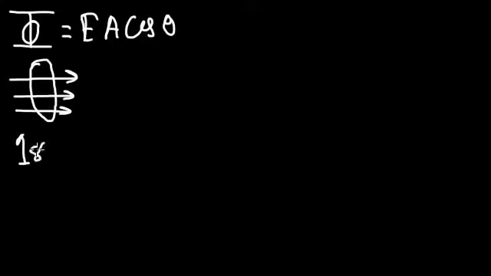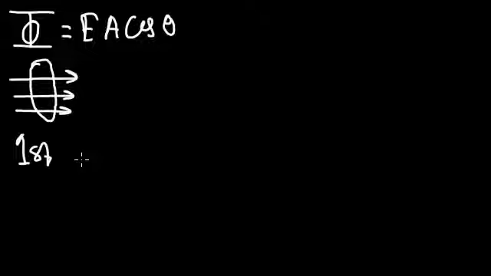0. Excellent. The standard formula to find the magnitude of electric flux is equal to the product of the electric field, the area of the surface in contact, multiplied by the cosine of angle theta, where theta is the angle between the normal line to the surface and the field line itself. For the first scenario, the angle between the field line and the normal line to the surface is 0.